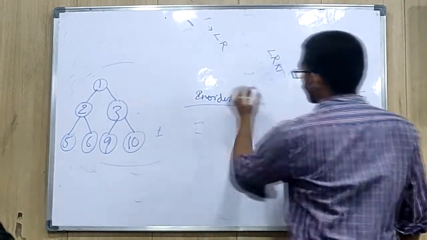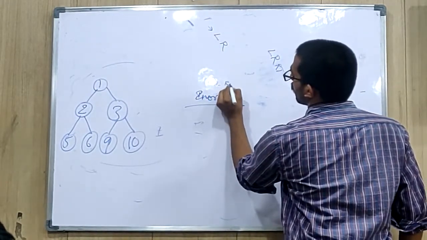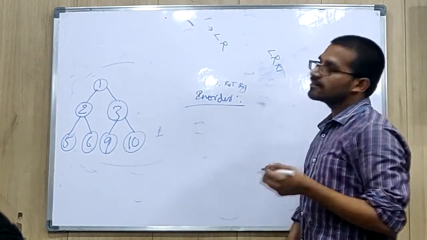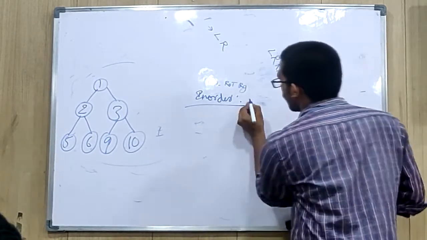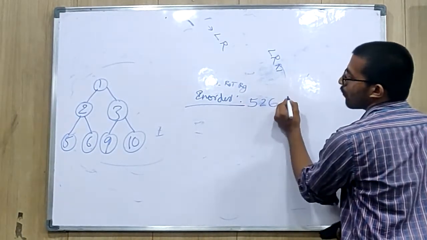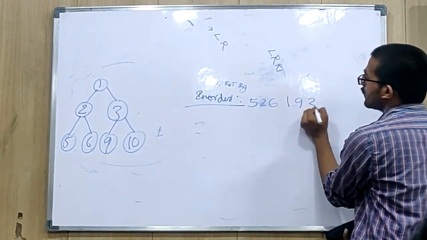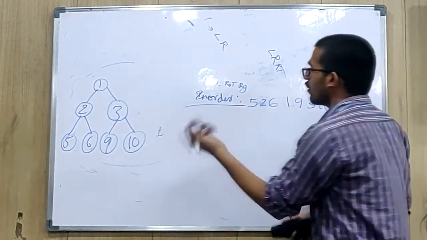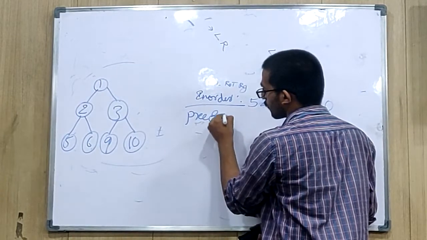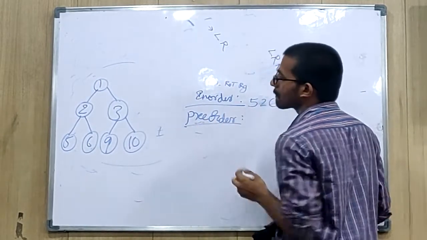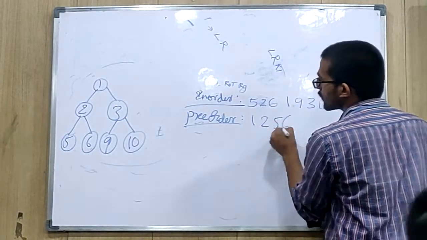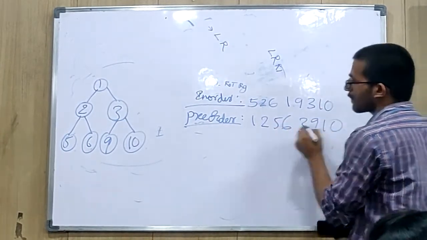We have in order left root right: 5 2 6 1 9 3 10. In order, guys, post, pre order. Pre order: 1 2 5 6 3 9 10.